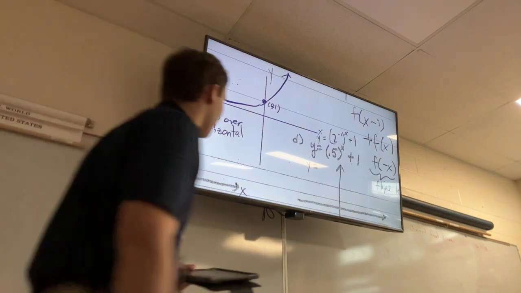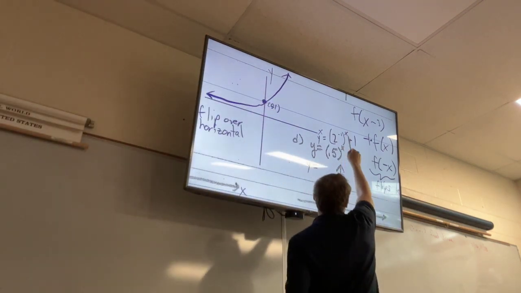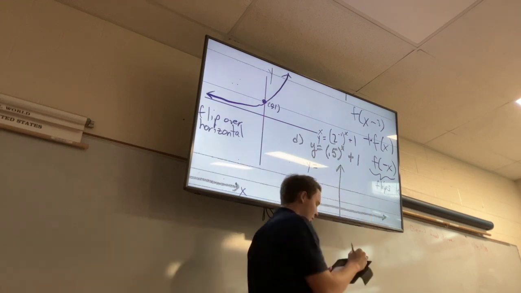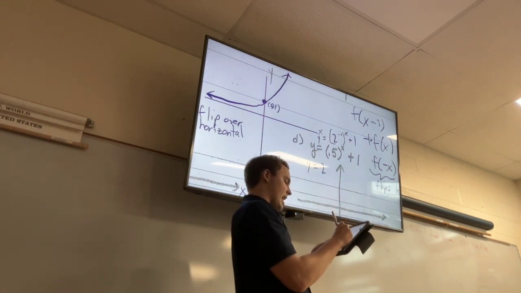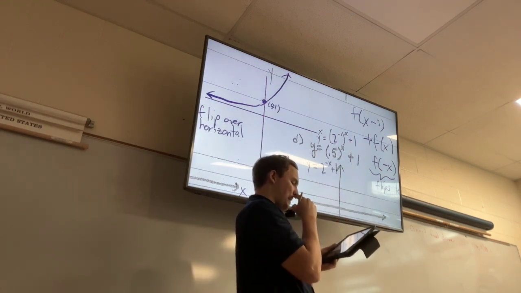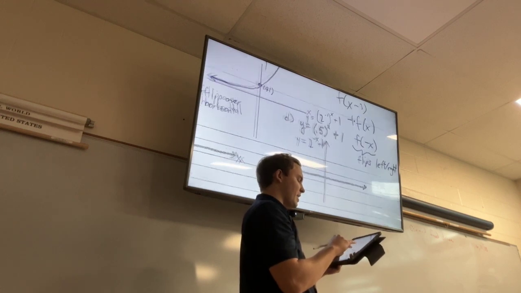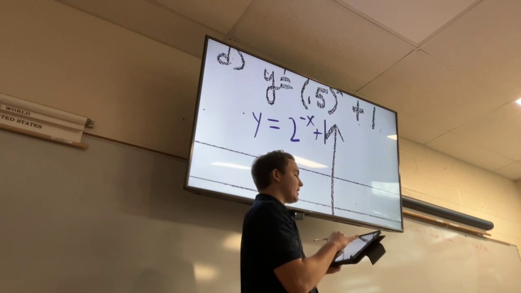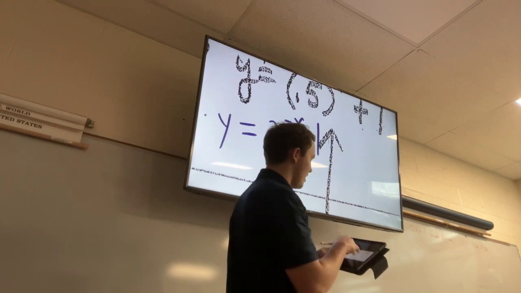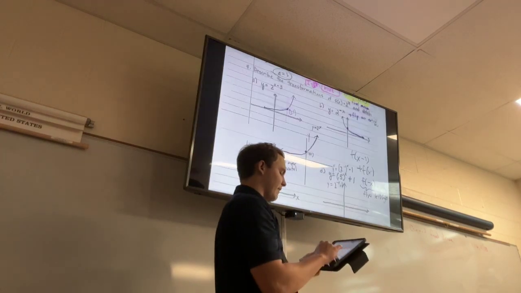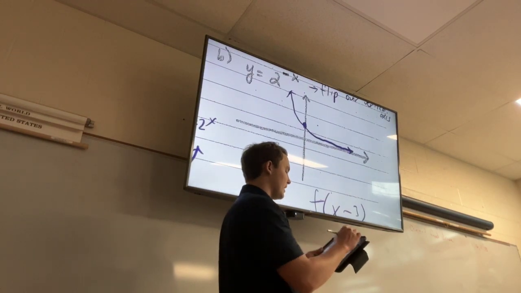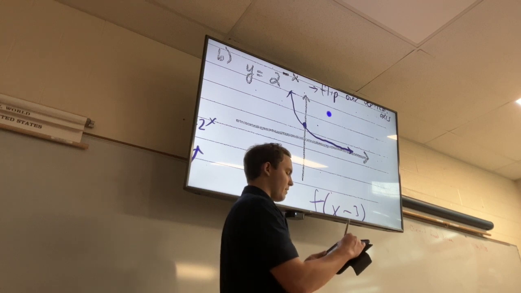How do I simplify this with my exponent rules? This is for algebra 2. It's going to be 2 to the negative x plus 1. Okay? So what happens then is we get flipped, right? That negative inside of our exponent is going to flip us left to right. So it's going to be the same as this graph, but just shifted up by 1.